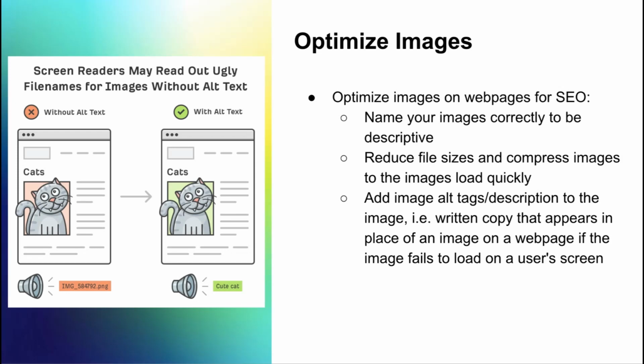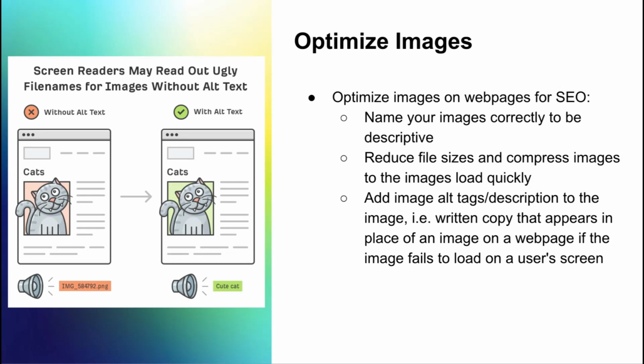The final thing to consider is how to optimize your images. So we recommend when you are writing longer form content that you also break up your sections using images and videos. If you are choosing to use images, you want to make sure that you're naming your images correctly, that they're descriptive.